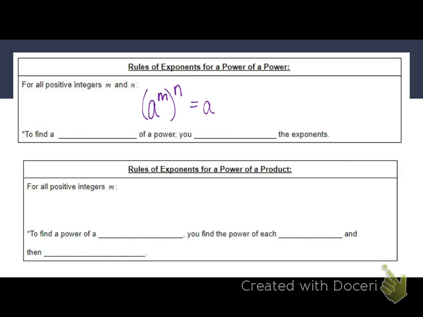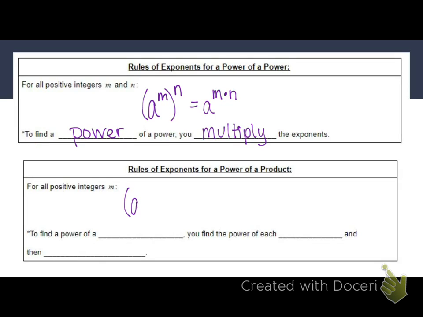We would have a to the m times n power. So in our notes, to find a power of a power, what did we do with those exponents? You multiply the exponents.